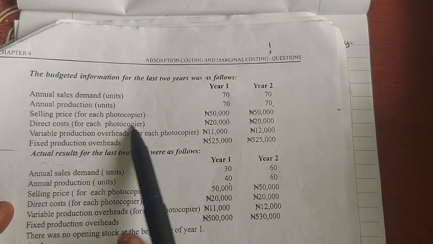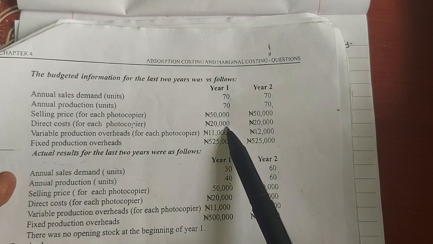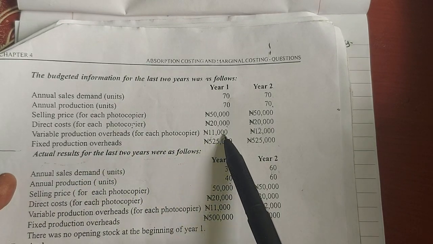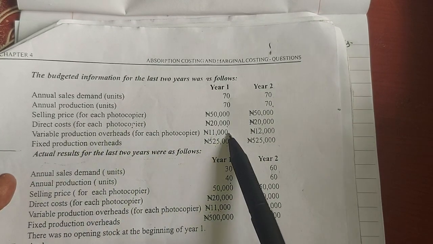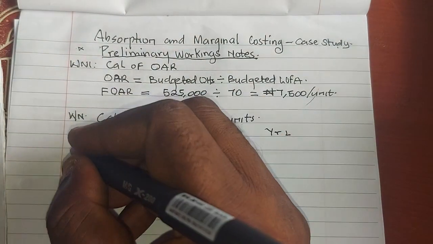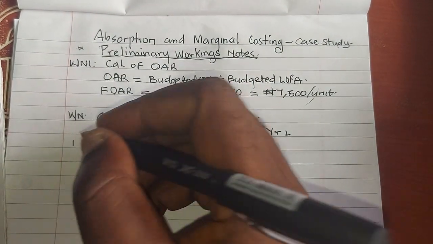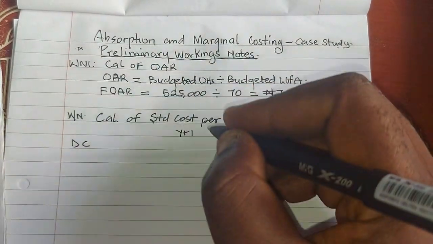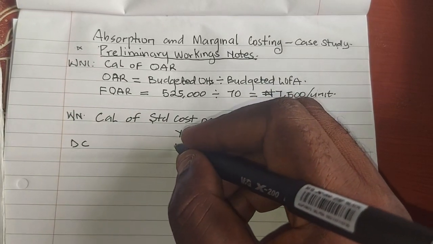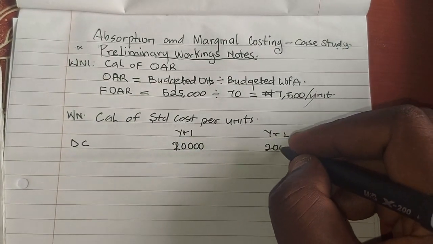The direct costs are given to be 20,000, and for year 2 it is also 20,000.